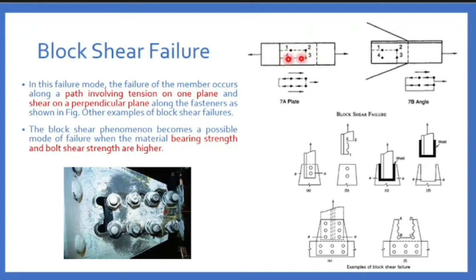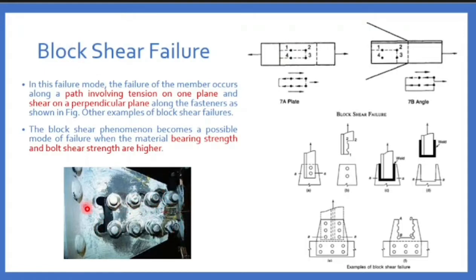If you are tensioning this member, in this area, 1, 2, 3, 4, the tension force will be maximum. These are the areas where you have maximum tensile force. So if you pull this object, the area along this will be tensioned and the member gets failed in this area. So this is called block shear.